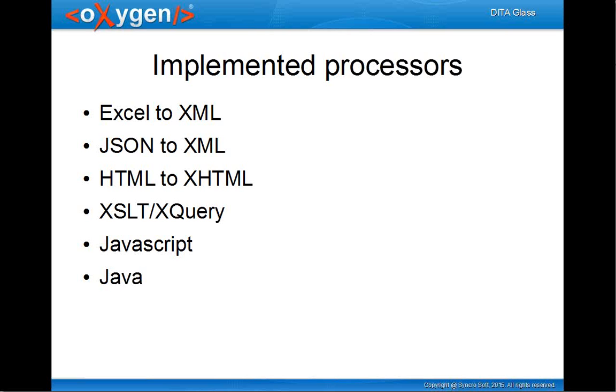The JavaScript converter takes the original content and calls a JavaScript library somewhere on your local disk, for example, and it calls a method from that, and that method can change the content and the converter can give you the modified content.